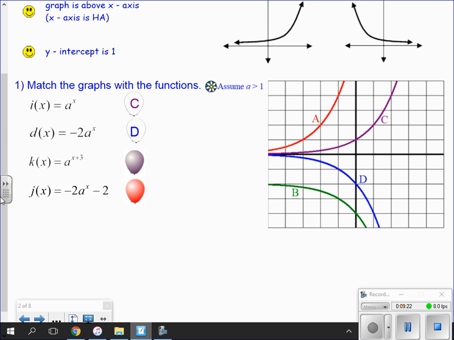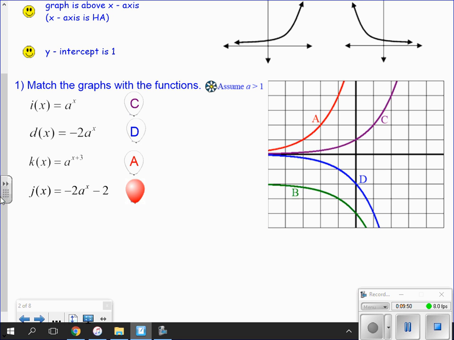So if I have a to the x plus 3, is that plus 3 inside the function or outside the function? It's inside. It'd be inside because it's part of the exponent. So inside moves it left to right, and it always moves it in the opposite direction. So it'd be moving it to the left 3, so that would mean it would be A. And I know by process of elimination, we've only got one left, it would be that.